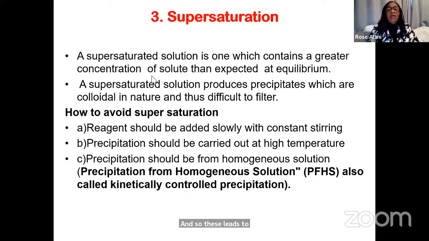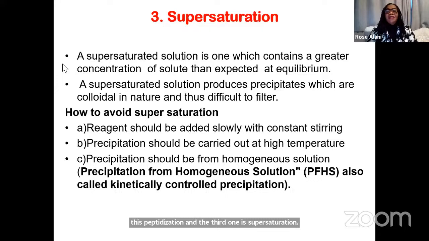And then you have supersaturation, the number 3 error. The first one is co-precipitation, the second one is peptization, and the third one is supersaturation. A supersaturated solution is one that contains a greater concentration of solute than expected at equilibrium.